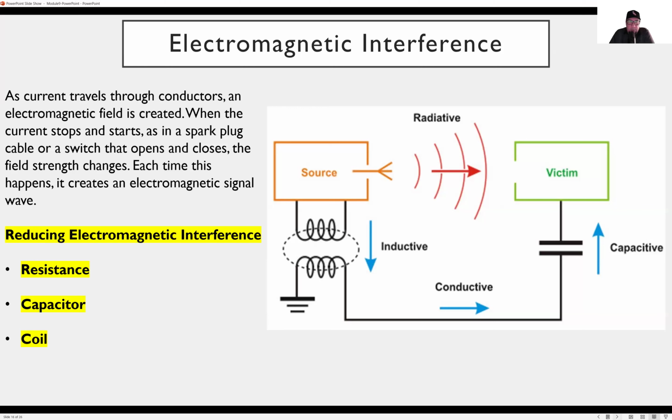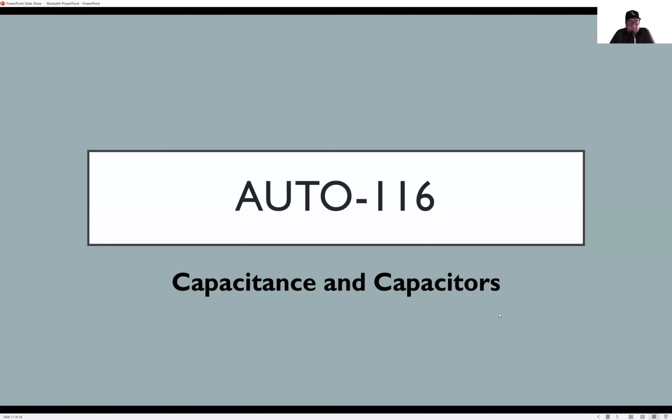So in order to reduce electromagnetic interference, which we would hear as noise, static in the speakers, there's different ways to do it, but electromagnetism can help with it. We add resistors, we add capacitors, or we add coils into the electrical system, and that can help reduce those. Okay, again, make sure you pause and read as we're going through.